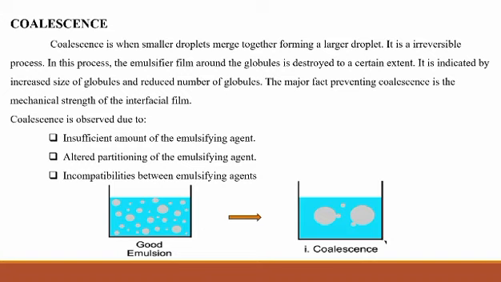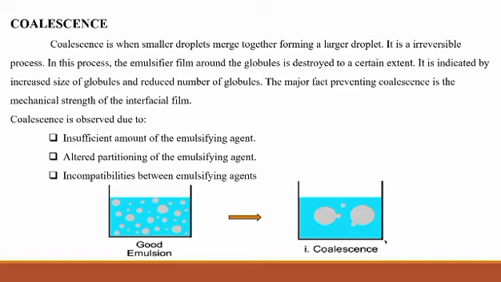Why can this coalescence occur? What are the reasons for this instability condition? There may be an insufficient amount of emulsifying agent, altered partitioning of the emulsifying agent, or incompatibilities between the emulsifying agents.